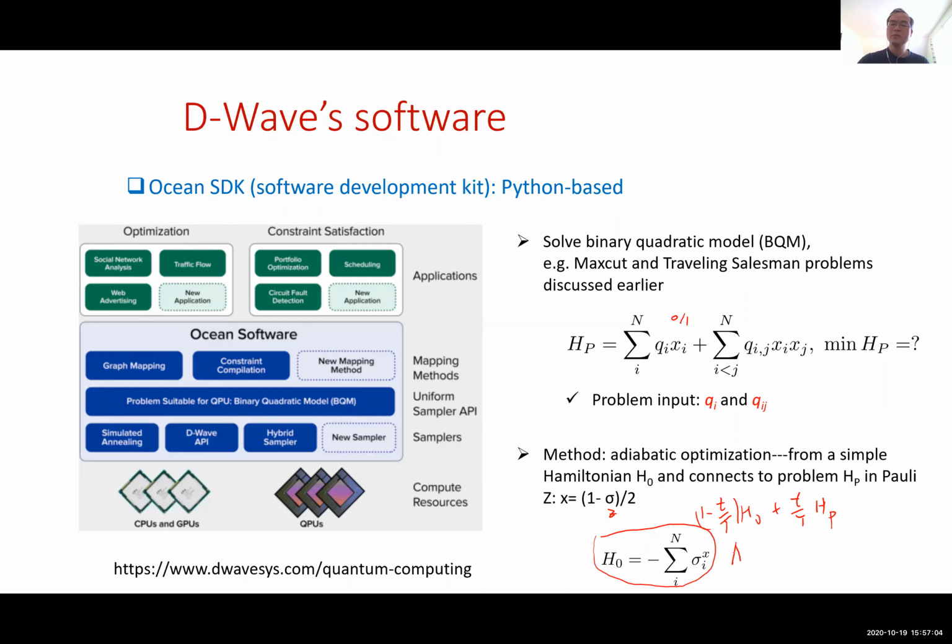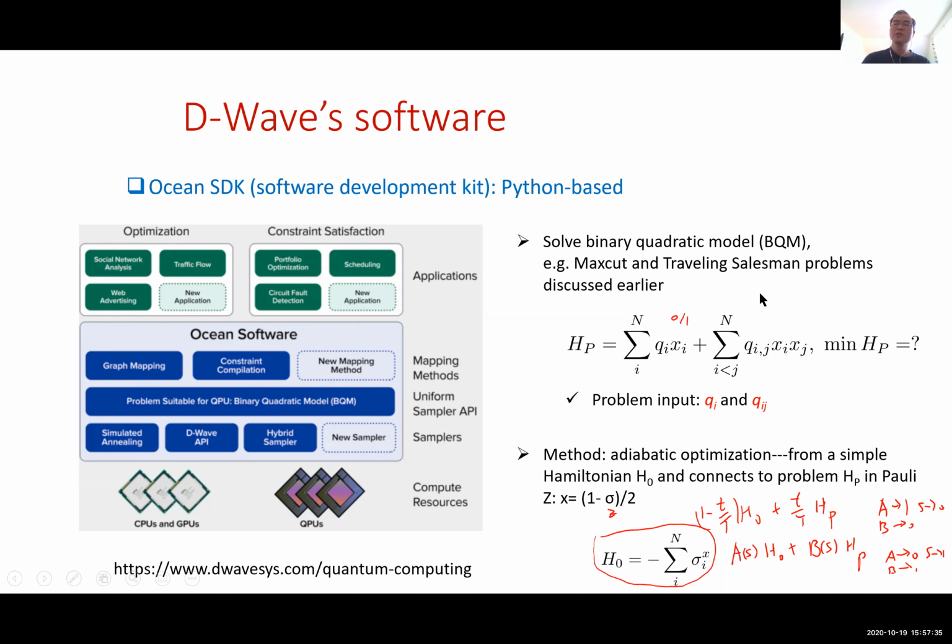Or you could define more generally some coefficients, so that A goes to 1 in the beginning and B goes to 0. Then at the end, A goes to 0 and B goes to 1. So this is the problem set that they can solve.